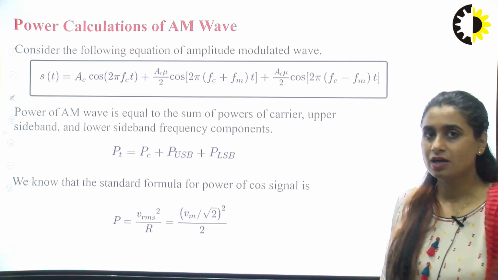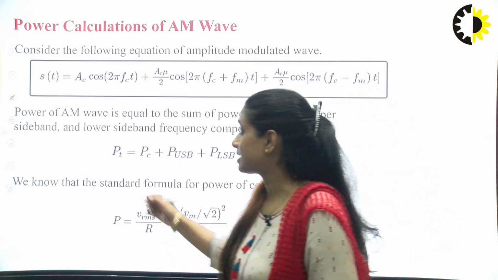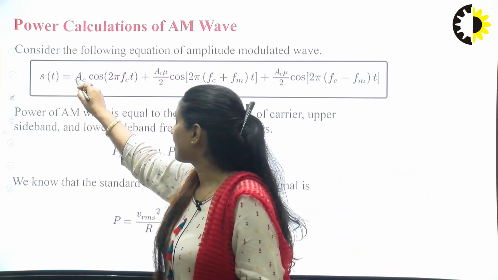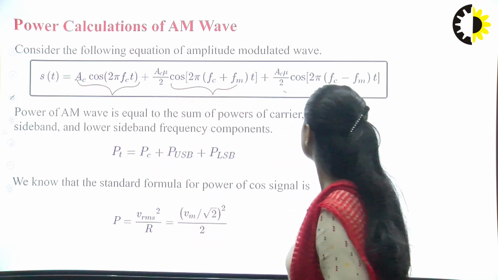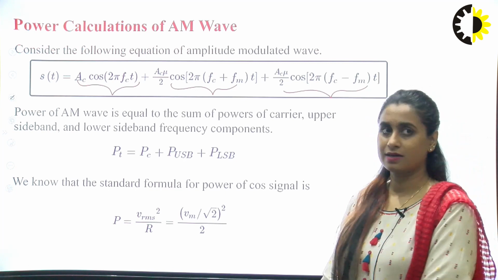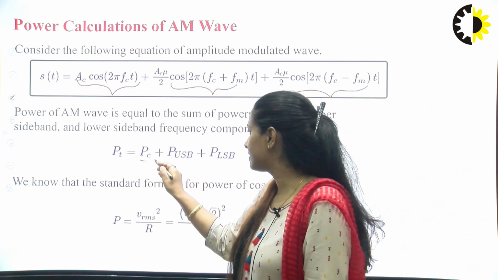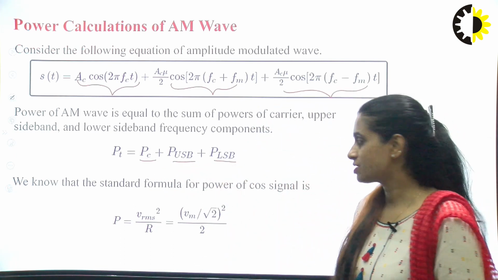If I talk about how to calculate power in AM, I have to see the standard equation of AM. In my standard equation of AM, I get the carrier part, the upper sideband part, and the lower sideband part. Then the total power is a contribution of carrier, upper sideband, and lower sideband. Right? What is the equation for power?